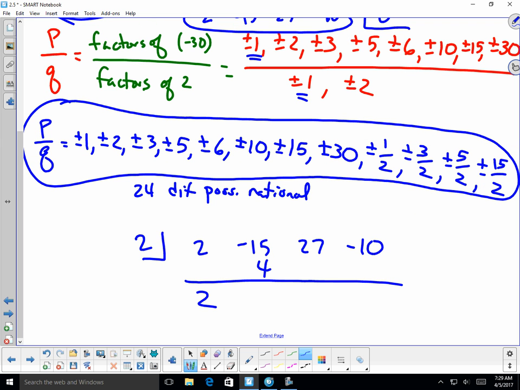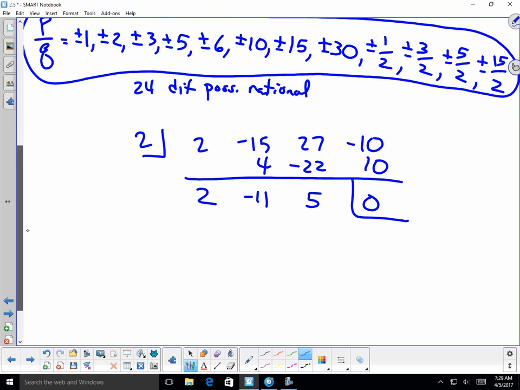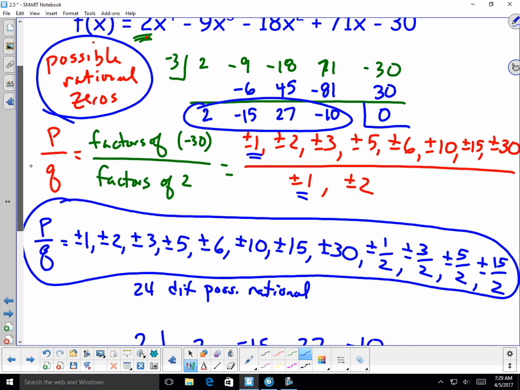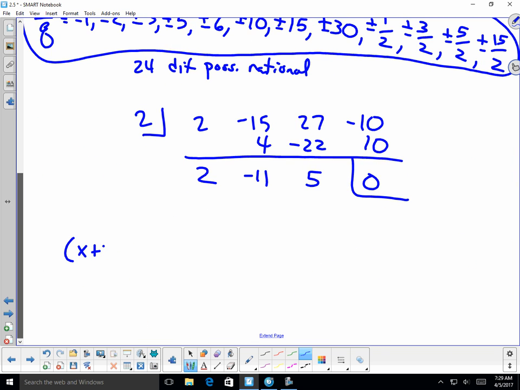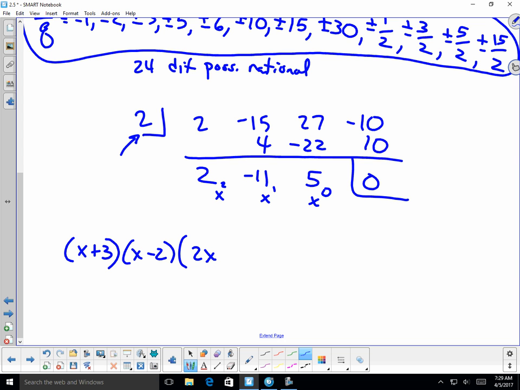I multiply, I get 4, negative 11, negative 22, that's a 5, that's a 10, that is a 0. So what did I learn so far? I learned that negative 3 works in the box, which means x plus 3 is a factor. I learned that 2 works in the box, so x minus 2 is a factor. And that would leave my last factor as 2x squared minus 11x plus 5.